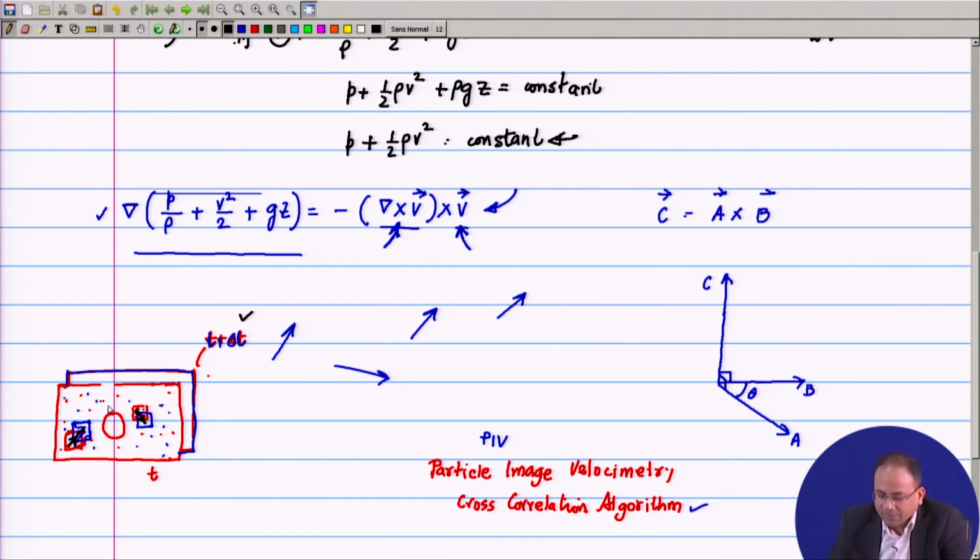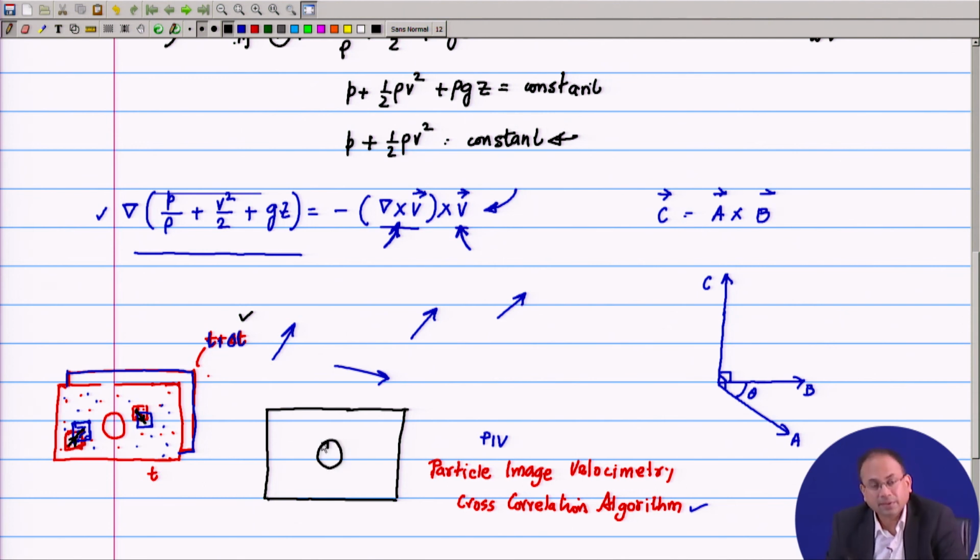So, then after this whole PIV analysis, your result set will look like this. That is your domain, that is your cylinder, and you get velocity is like this here, velocity is like that there.